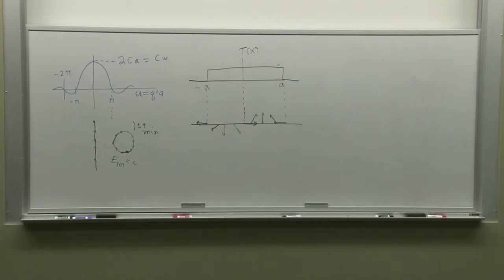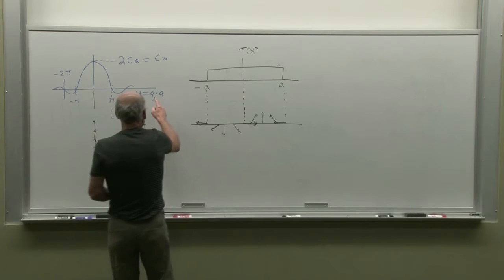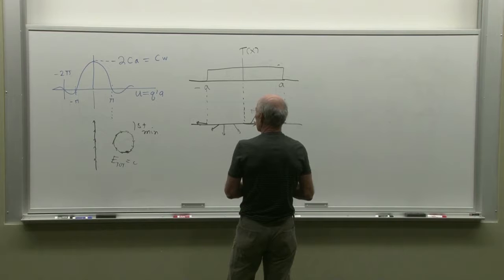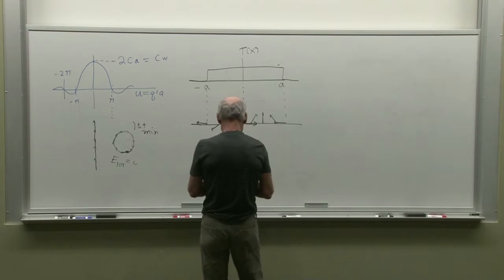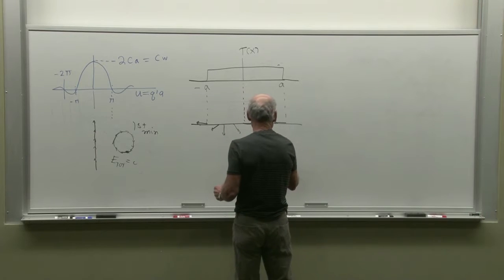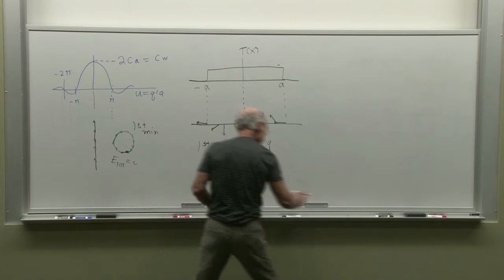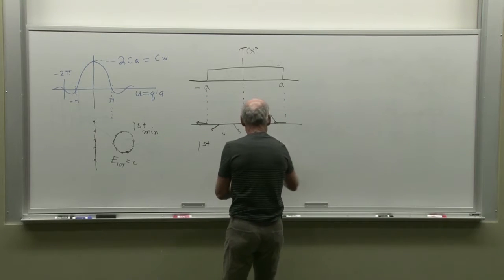And then I'm going to remind myself once again that this is the first minimum, and that Q prime has units of inverse length. Now, Q prime, let's see. So I'm thinking out loud here, because I'm not entirely sure how to do this.